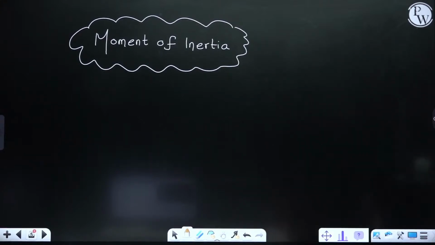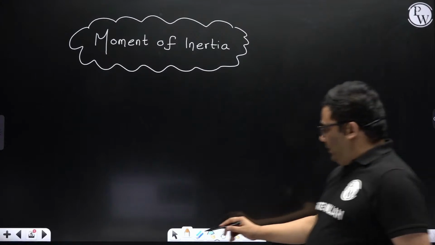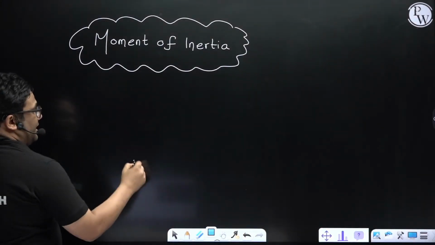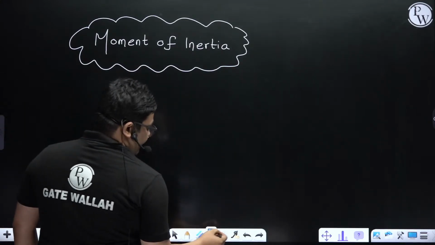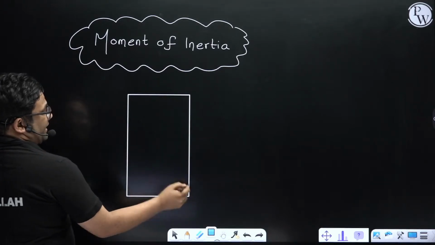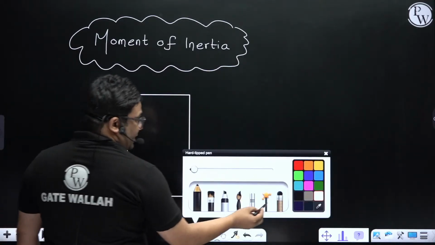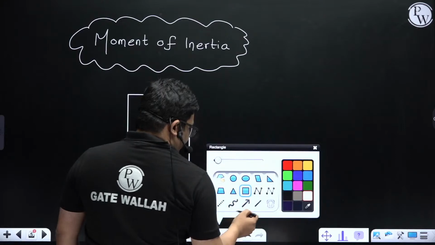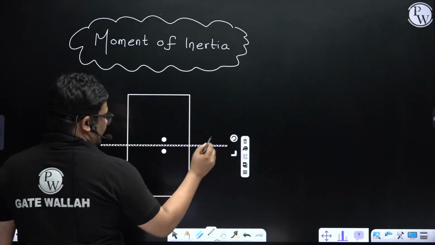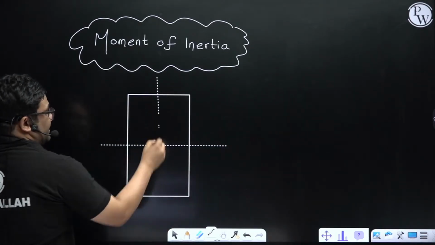If we see for a rectangle, a rectangle has two axes. One axis is like this and one axis is like this.